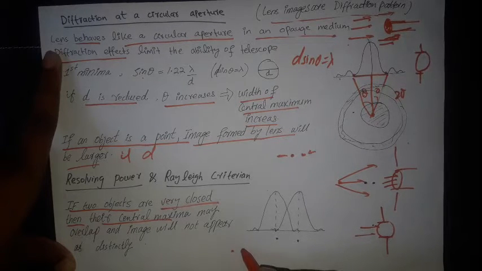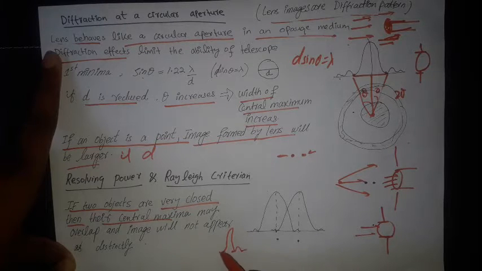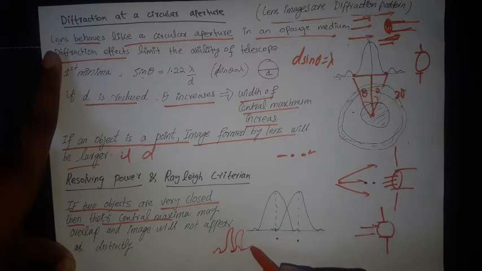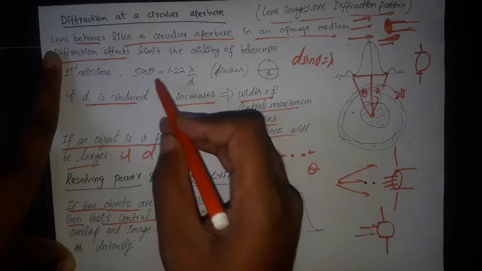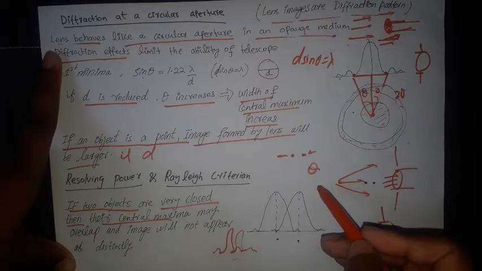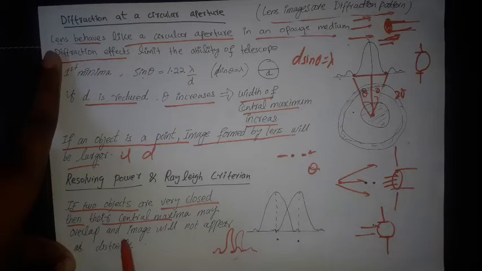If two objects are very close, then their central maxima may overlap, because here we have one object and here we have another object. In the lens we have a diffraction pattern for this and also a diffraction pattern for this. If the objects are very close to each other, then this theta for the first minima will be small, and therefore the image will not appear distinctly. Let's say this is the diffraction pattern, which is basically the image.